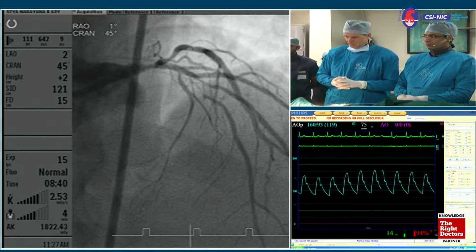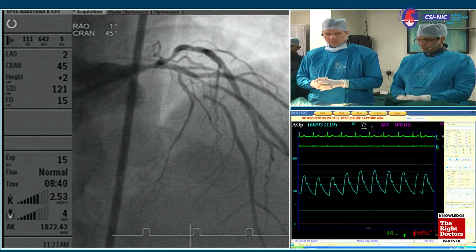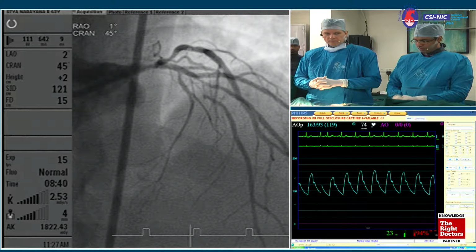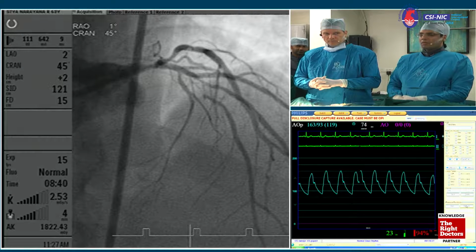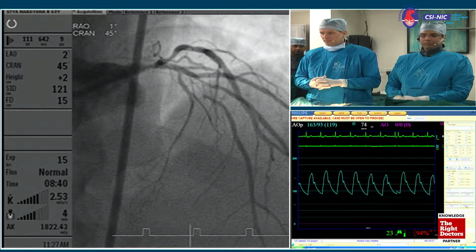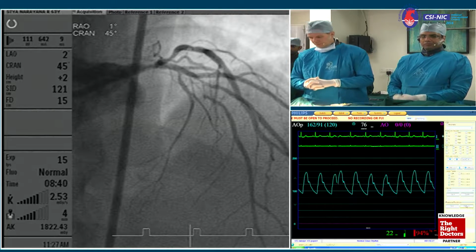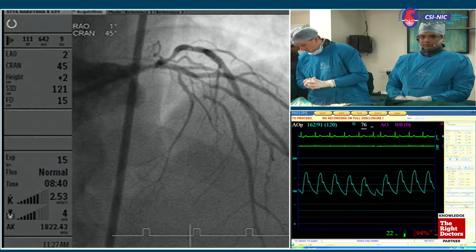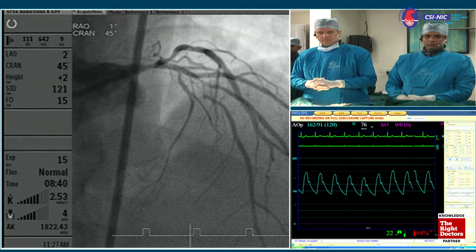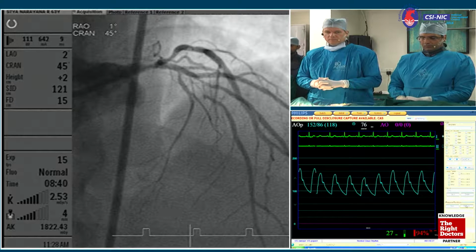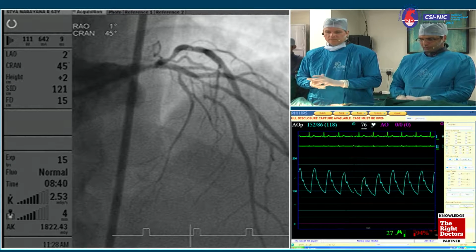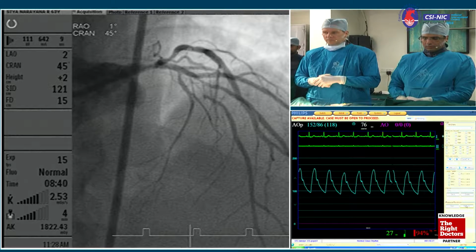Can we have some comments from the panelists? This patient is a diabetic with triple vessel disease. He is not a diabetic, sir. Okay, it's a left main disease, then there is a trifurcation of the LAD, and I am told that there is a tight lesion in the right coronary artery.